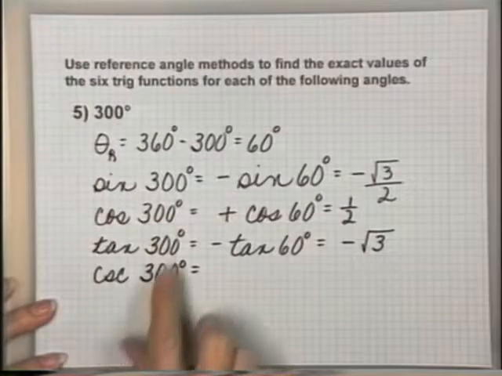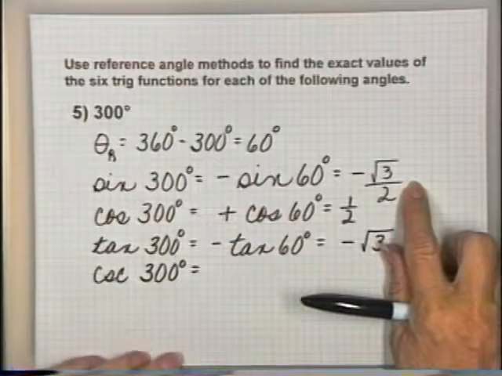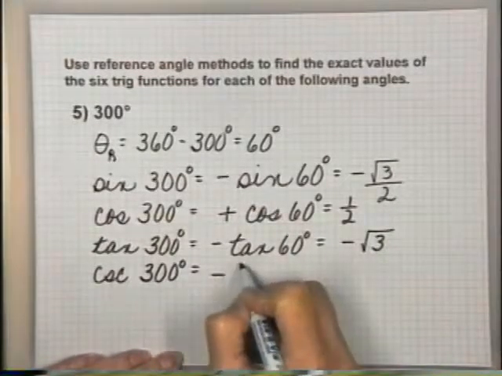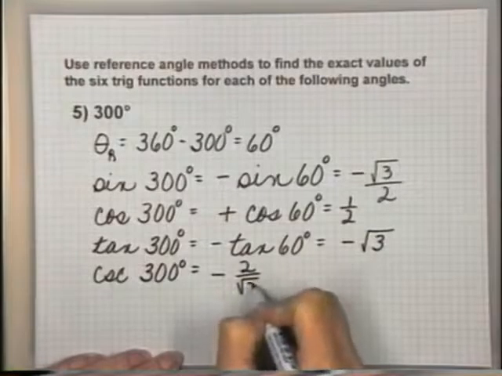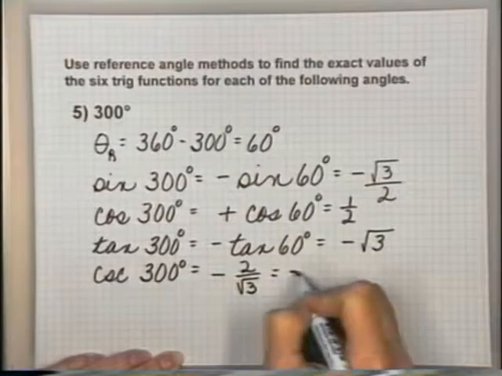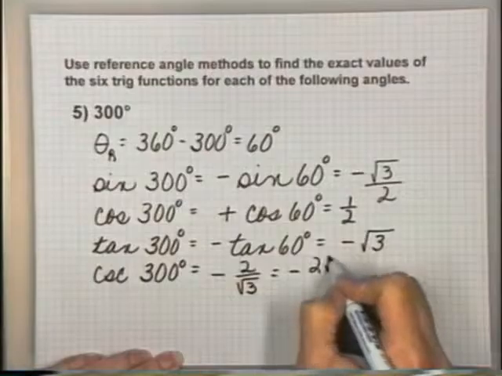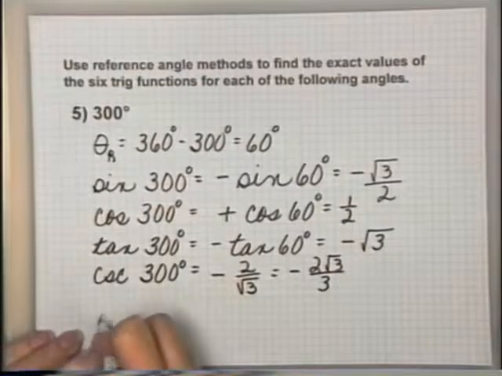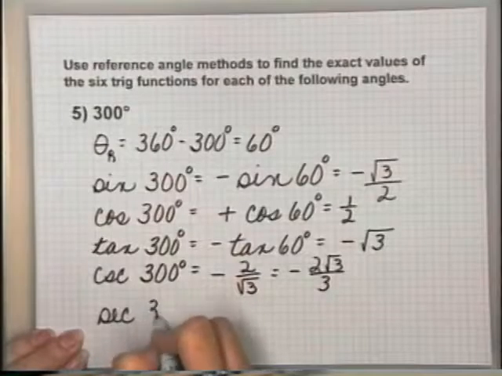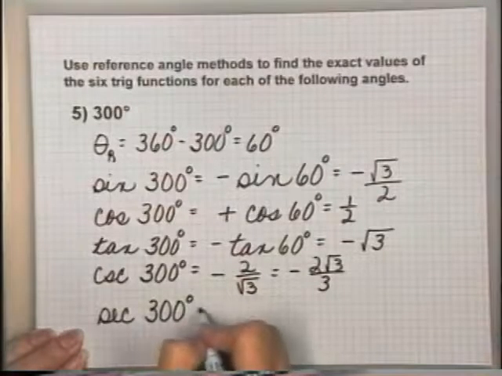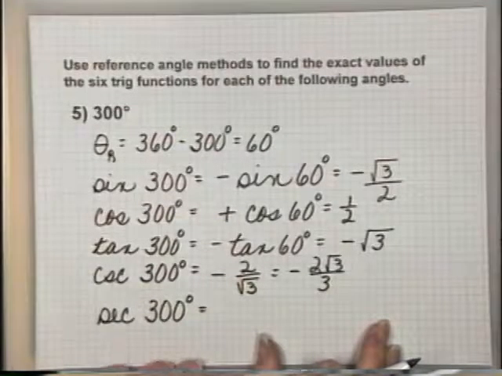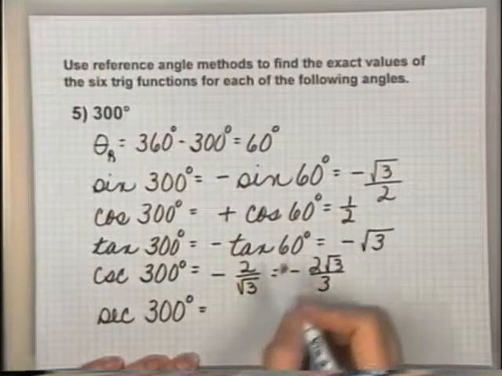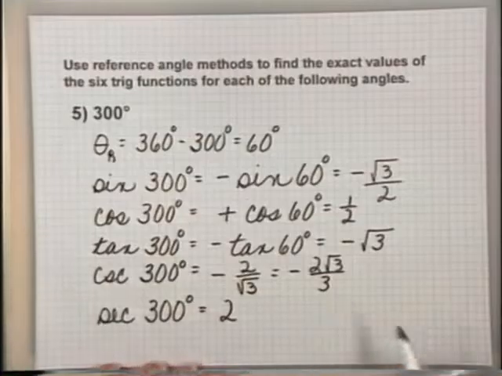The cosecant of 300 would be the reciprocal of the sine, so that would equal minus 2 divided by the square root of 3. When we rationalize, it is minus 2 times the square root of 3 over 3. For the secant of 300 degrees, that will be the reciprocal of the cosine, which will be 2.